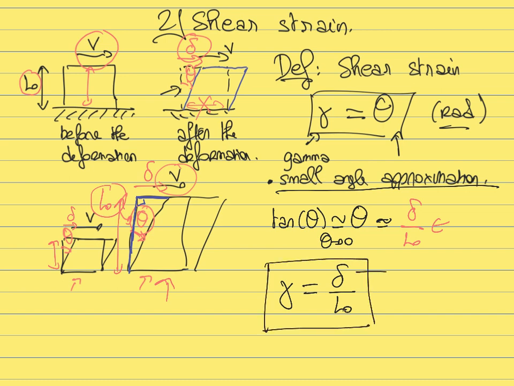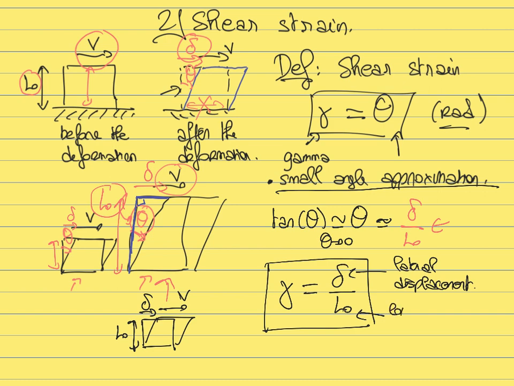Here delta is the lateral displacement of the beam due to the shear. So if you have a beam like this and it's subjected to a shear load like this, you define delta like this as the lateral displacement, and you divide by the length, which is orthogonal to the shear load.